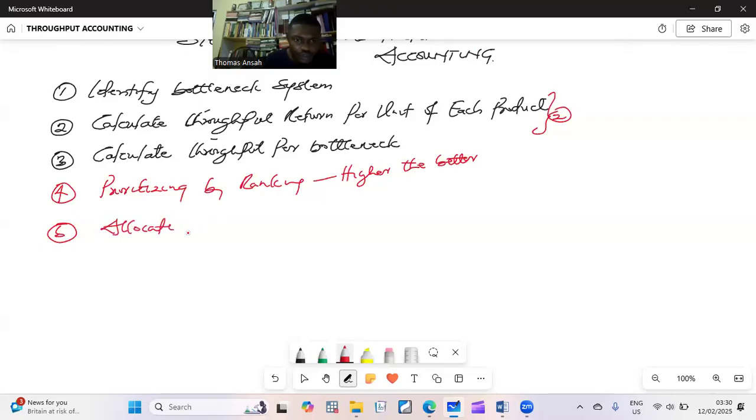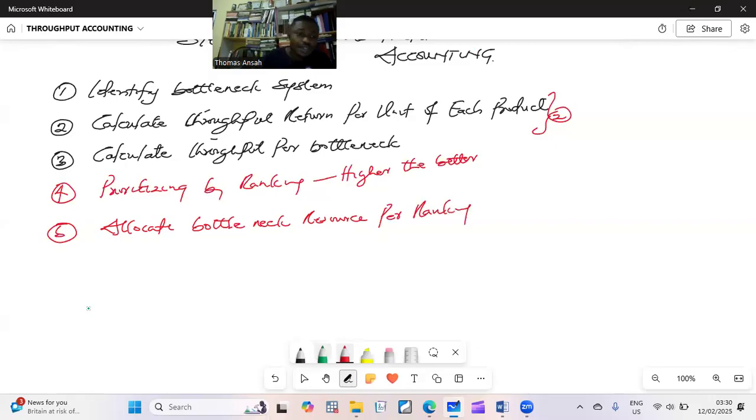So this is what you do: allocate bottleneck resource in accordance with the ranking.